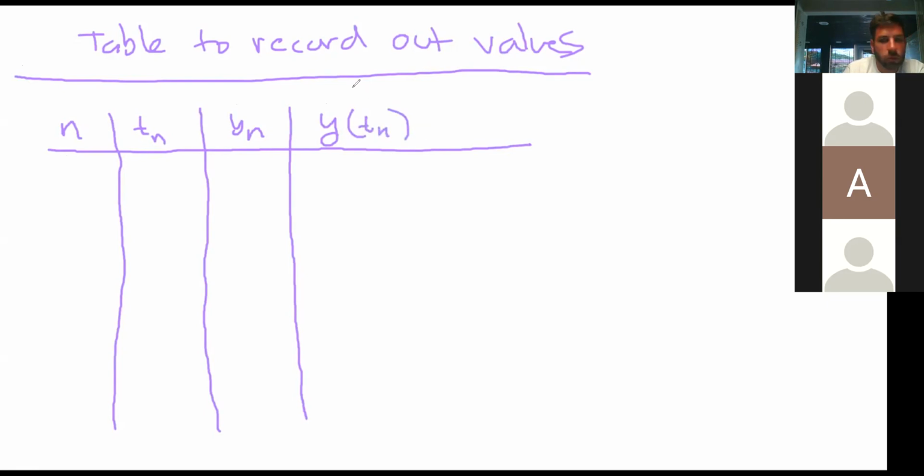So this would be your actual values. Let's start with 1, 2, 3, 4, 5, 6, 7 for now. So this is 0, and then this is h, and then this is going to be 2h, etc. So we can actually put the number in. And if at any moment you need something clarified, please don't hesitate to ask.